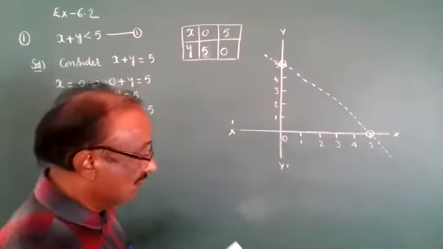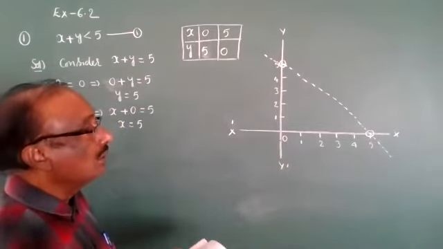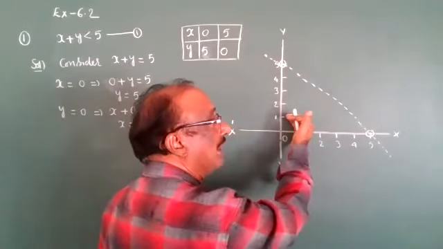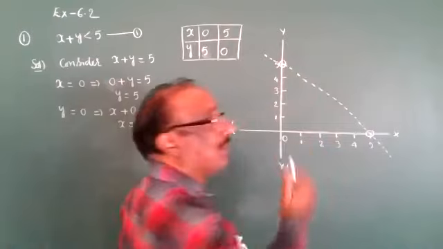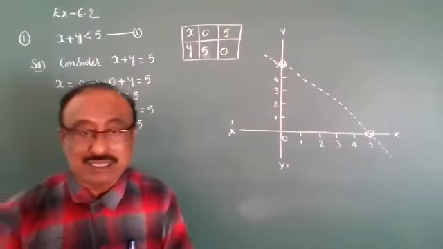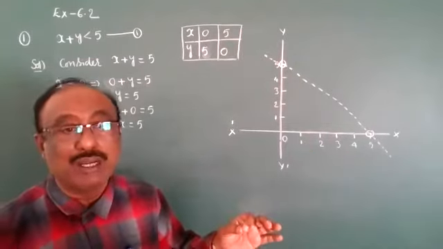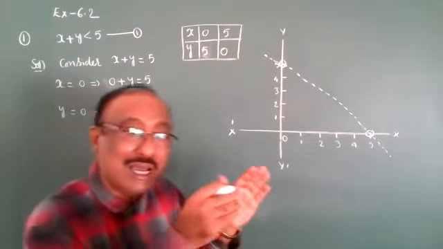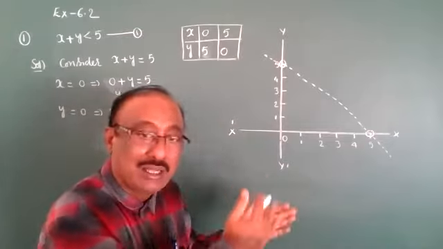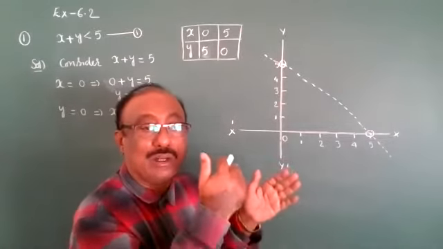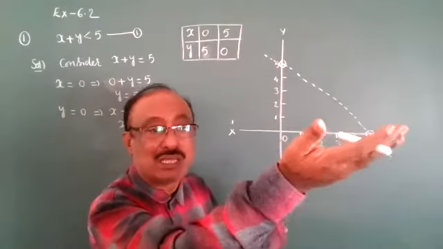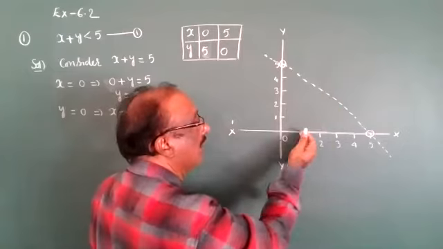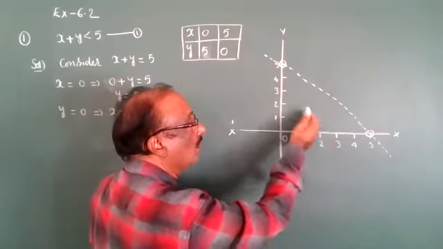Next, this line has a downside and an upside; we can take one point on either side. If the downside point satisfies the inequality, draw the graph on the downside; if not, draw it on the upside. For the downside, I can take any point: 1, 1 or 2, 2.